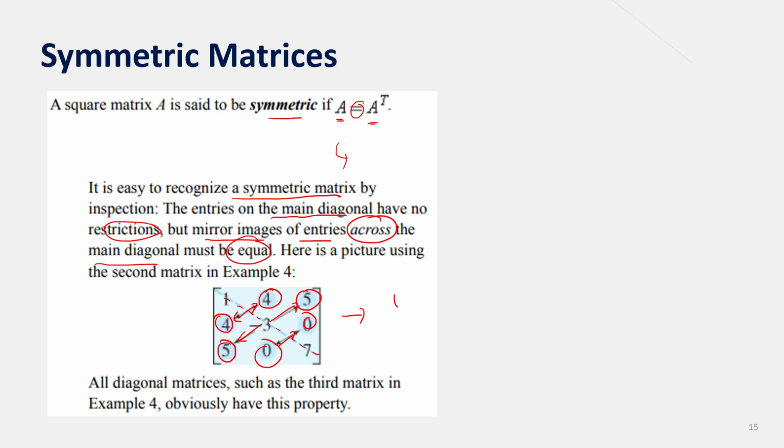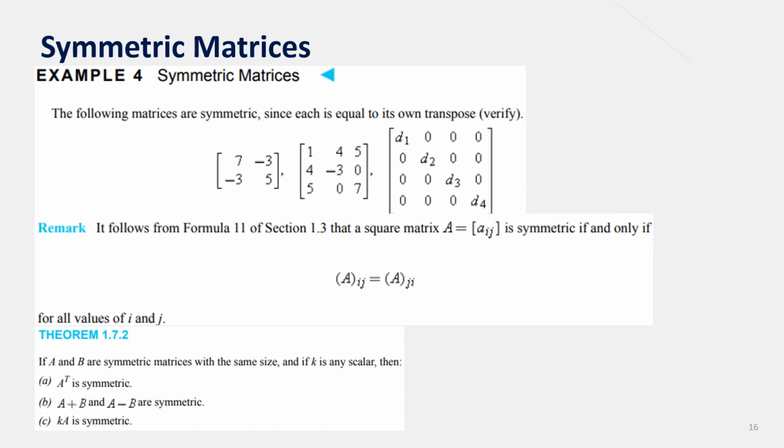So you have 1 4 5 here, and then 4 minus 3 0, and then 5 0 7. When you transpose it, the value of the transpose is exactly equal to the original matrix, so it's called a symmetric matrix.